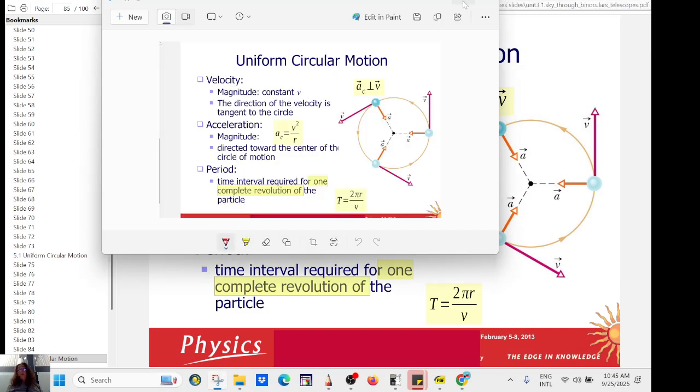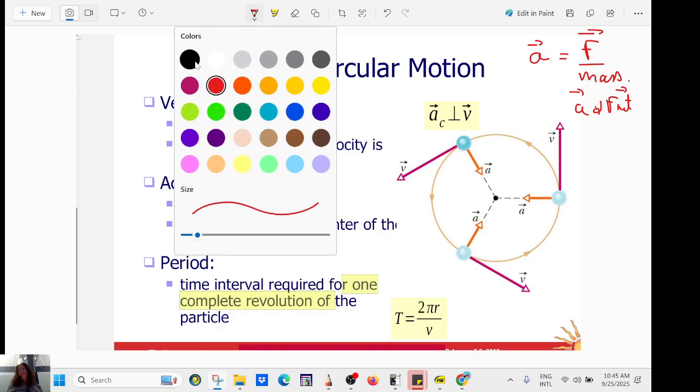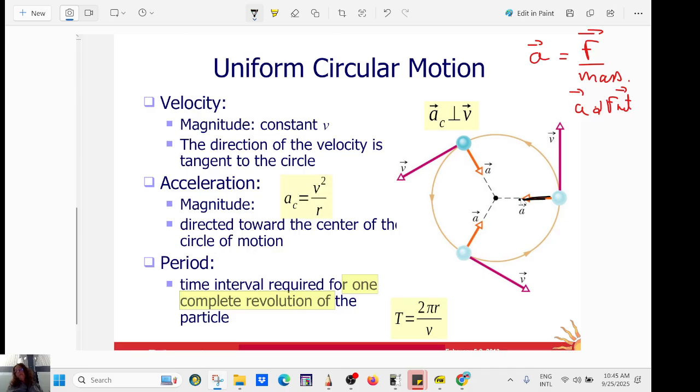Now, remember that an acceleration is just a force per unit mass, and they both have the same direction. Acceleration and net force, they both have the same direction. So if you have a force here, which is called the centripetal force, that means you have an acceleration which is called the centripetal acceleration.